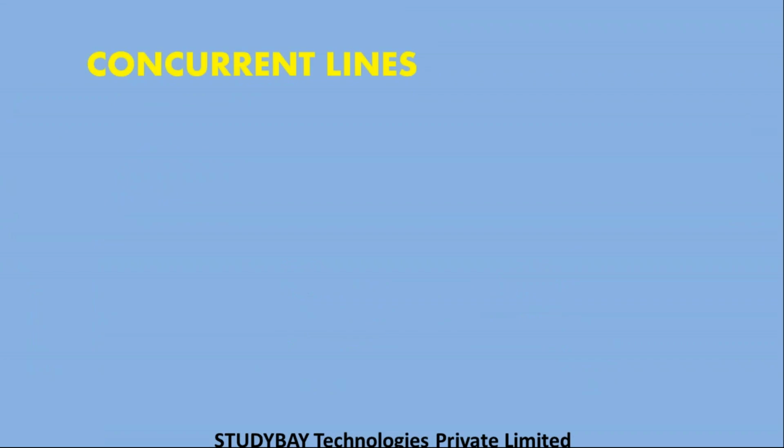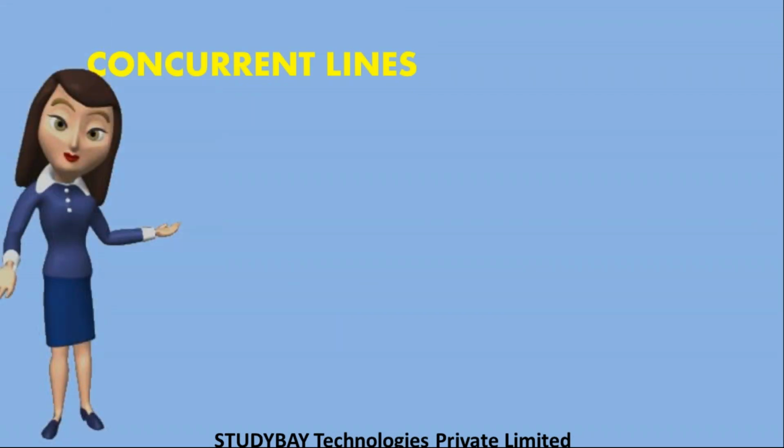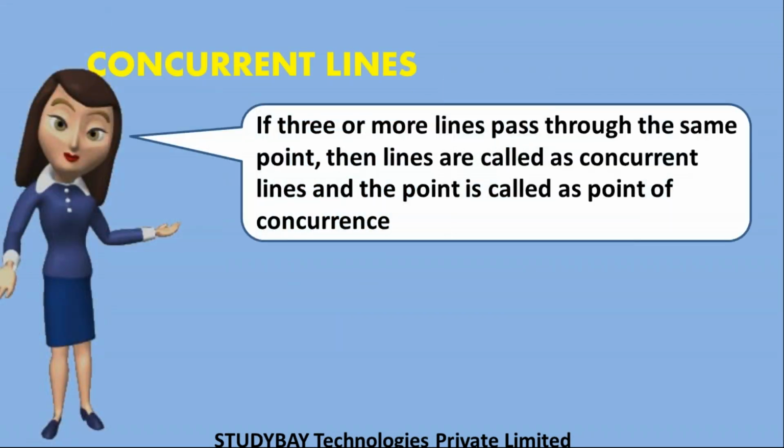Now we have something called concurrent lines. If 3 or more lines pass through the same point, then these lines are called concurrent lines, and the point is called the point of concurrence.